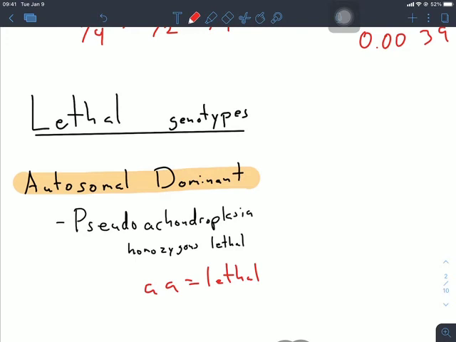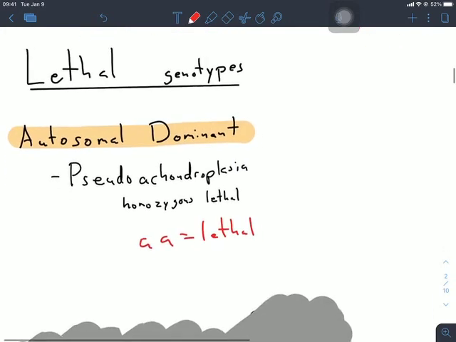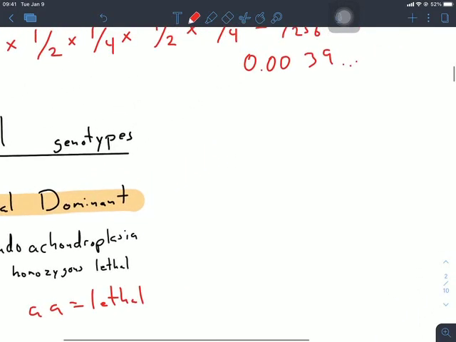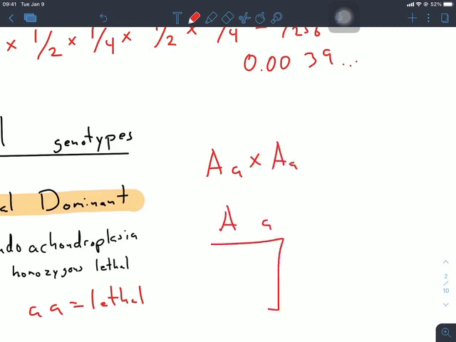I will repeat that again. This individual would not be born. So if we're performing our Punnett square, let's say that you're crossing two dwarfs, capital A would end up in an individual whose limbs are not short in any capacity.